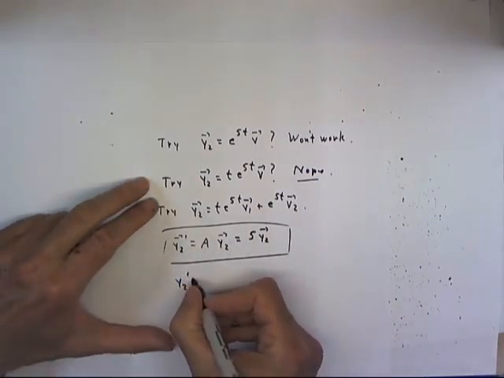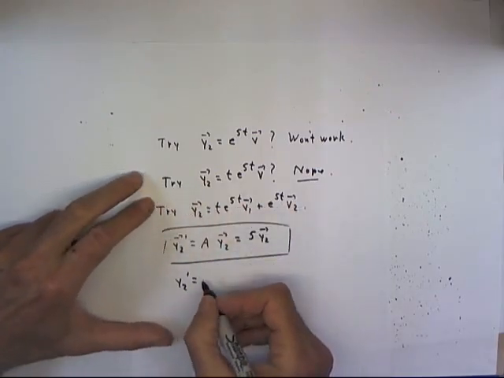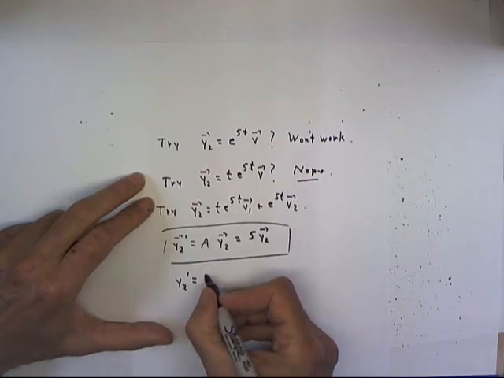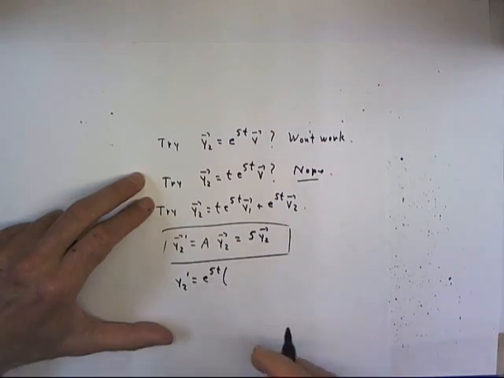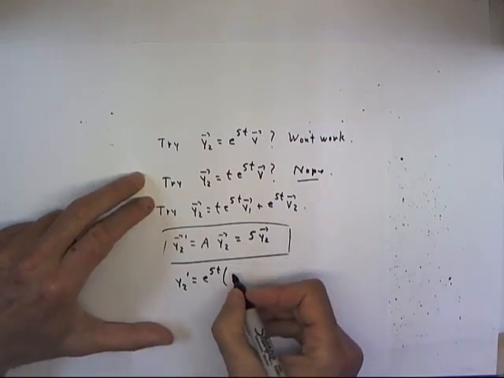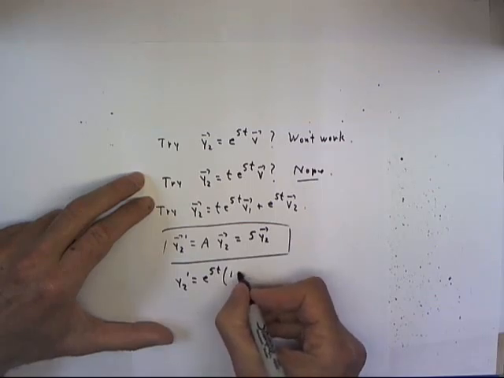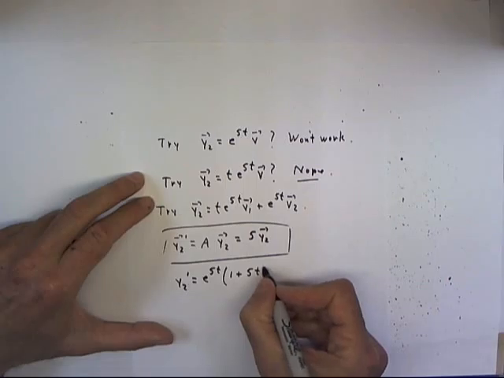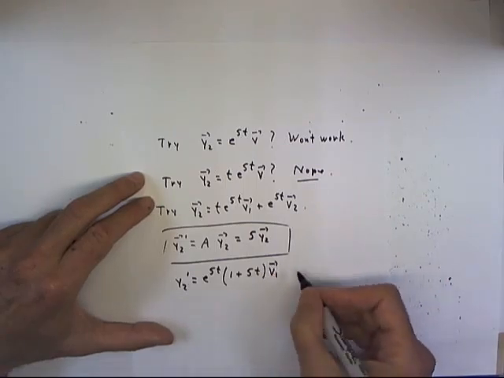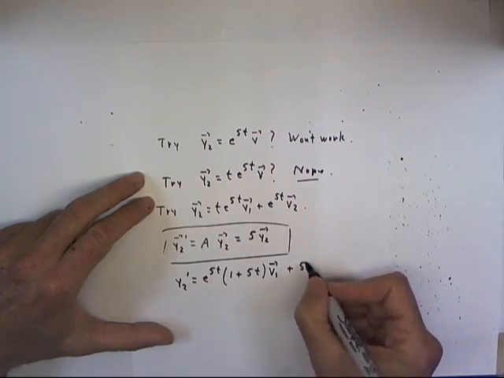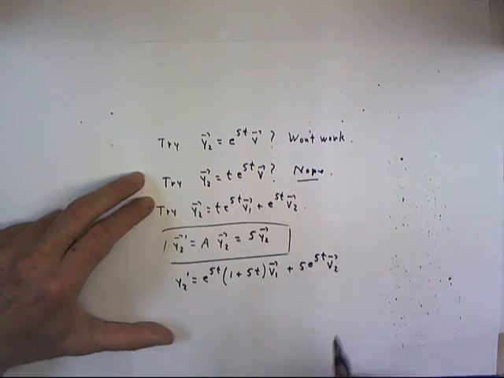We get y2 prime equals the derivative of t e to the 5t is, I'm just going to assert this, I wave my hands and explain it, e to the 5t times 1 plus 5t times our unknown v1 function, and then plus 5e to the 5t times v2.